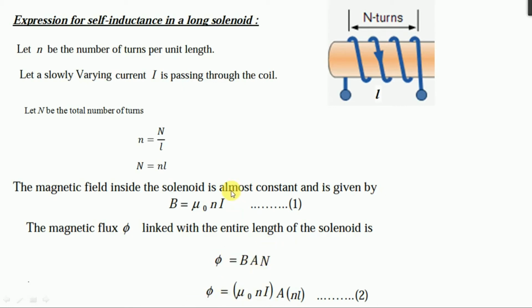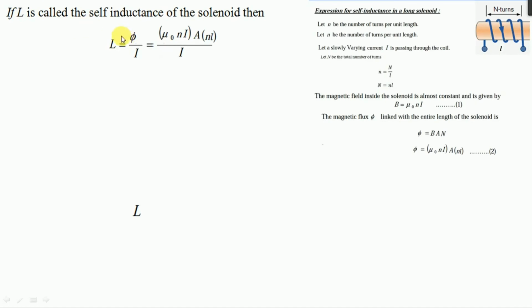Now I'll put the value of B. B is mu naught n I, A is the area of the coil, and instead of capital N I'll put small n L. Now we know the formula, L is equal to phi by I. So I'll put the value of flux from here, and current is I. Now this I and I get cancelled, so we are left with L is equal to mu naught n square A into L. L is the length of the coil.